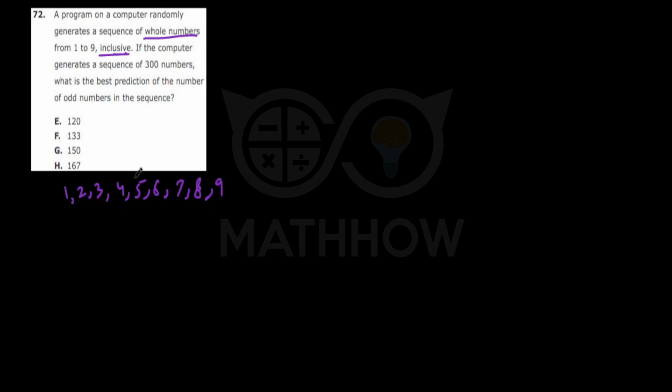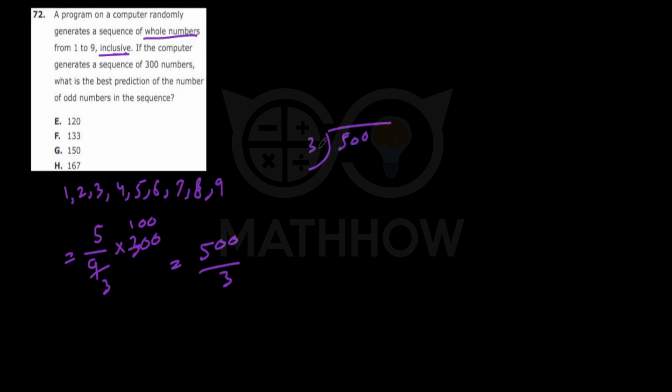1, 2, 3, 4, and 5. So there are 5 odd numbers out of 9 numbers, right? To predict the odd numbers in the sequence of 300 numbers, multiply this by 300. Simplify. This will be 500 over 3.